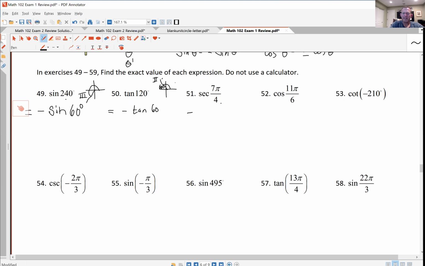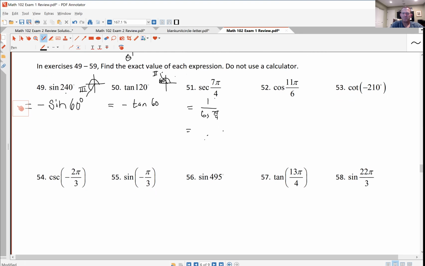51, secant of 7 pi over 4. Now I'm really going to think of this as 1 over the cosine of 7 pi over 4. These ones are easy because when you see fourths in the denominator, that means your reference angle is pi over 4. Remember, it's plus or minus.